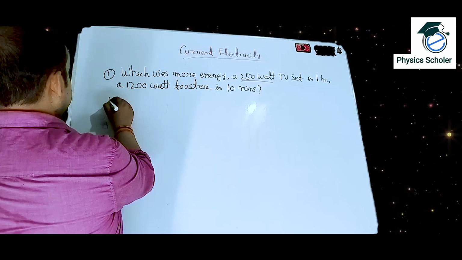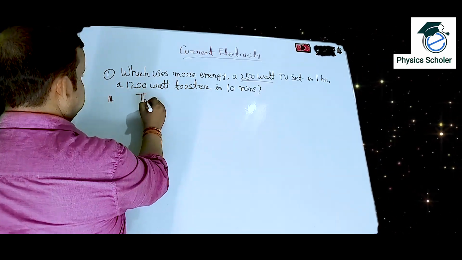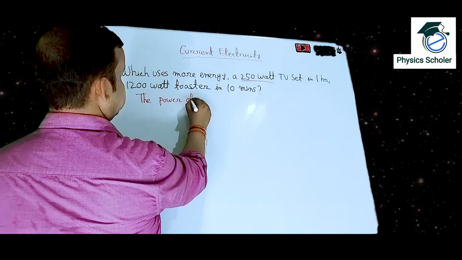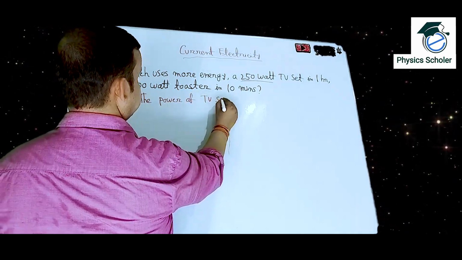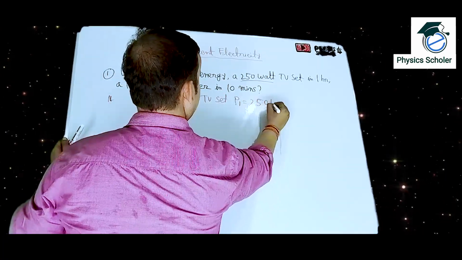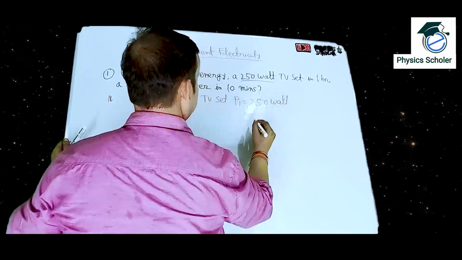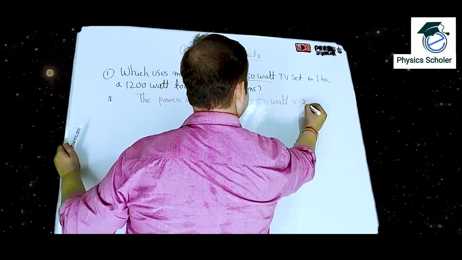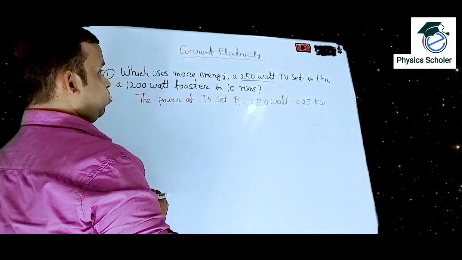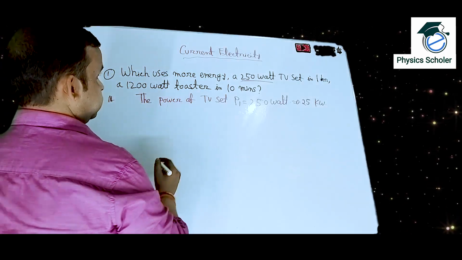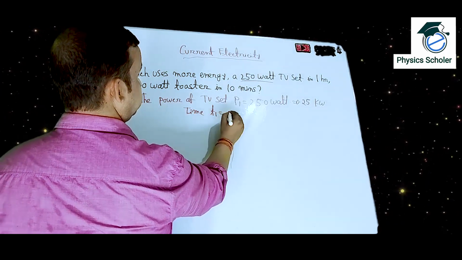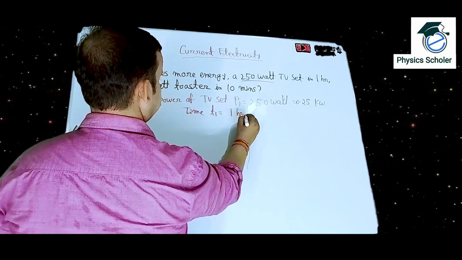So the power of TV set, P1, is equal to 250 watt. We are converting into kilowatt, dividing it by 1000, so 0.25 kilowatt. Time is given. Time T1 is equal to 1 hour.